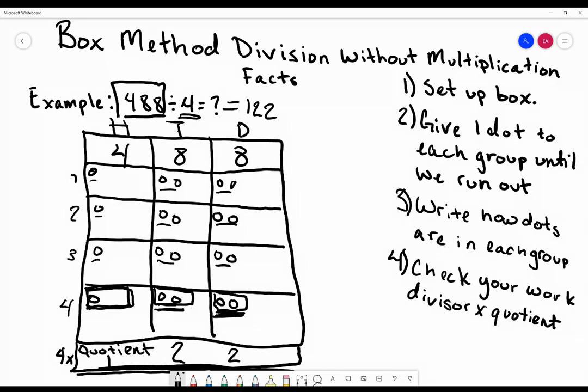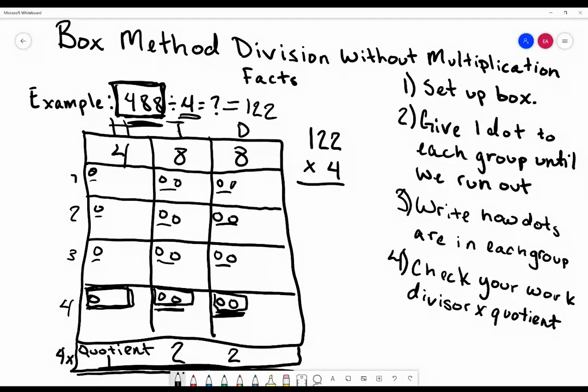So, to check our work, we are going to take the number 122 and we are going to multiply that by 4. And again, since we're checking our work, we want to make sure that the answer we get after multiplying these two numbers should equal 488, which was our dividend that we started with.